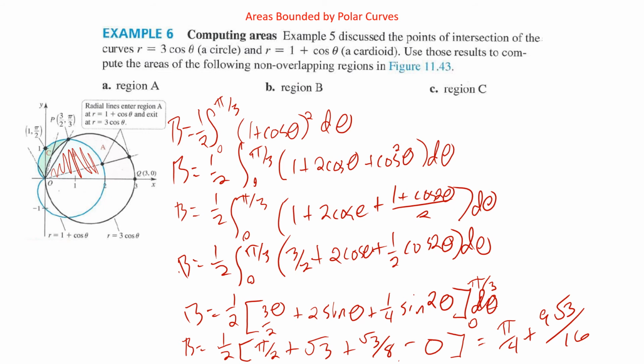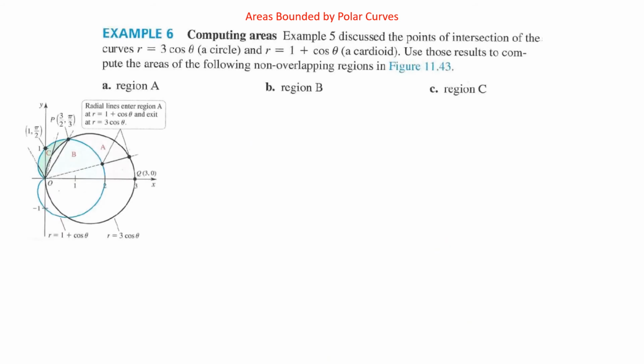How about the last part, region C? Region C is going to be this area up here where the cardioid is greater than this circle. So it's going to be the cardioid minus the circle.